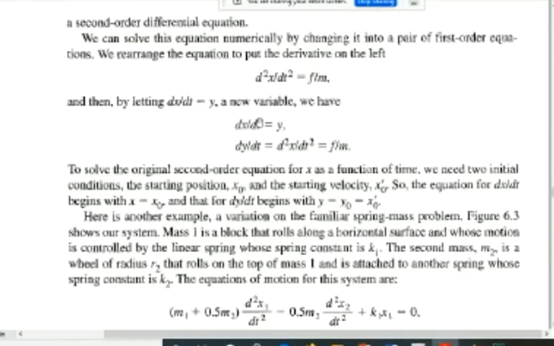Velocity is the first order derivative of x with respect to time. So the equations begin with x equals x0 and y equals y0, or x prime 0.